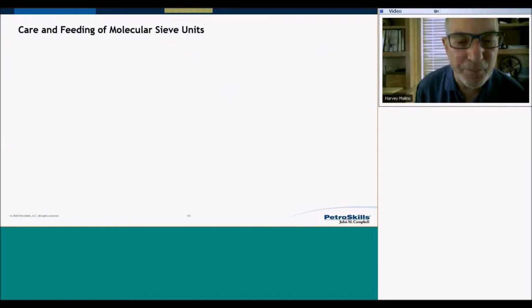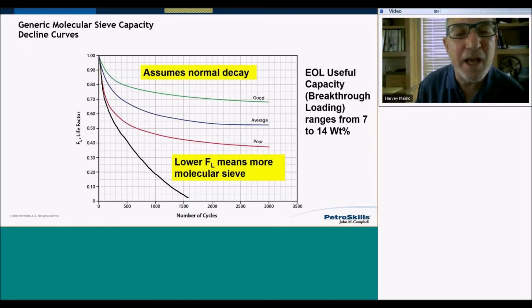But what can you do? What you can do is you can run performance test units periodically. I'm going to interrupt this just briefly to show this slide over here.